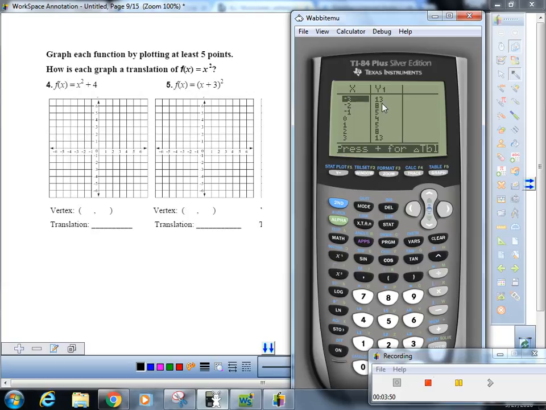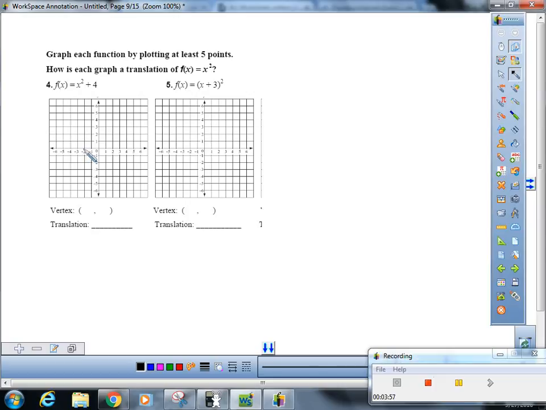We got negative 2, comma 8, negative 1, comma 5, and 0, comma 4. Then we had 1, comma 5, and 2, comma 8.